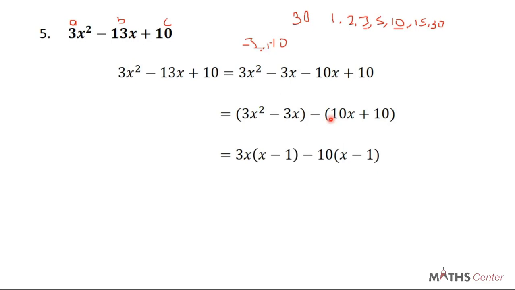We factorize 10 out. The sign inside the bracket was positive, so it's going to change to a negative sign. So you can see from here that we have minus 1 in this bracket. We also have minus 1 in that bracket. So you pick one of them, then you pick 3x and minus 10 in another bracket. So 3x minus 10 in one bracket, then x minus 1 in another bracket.